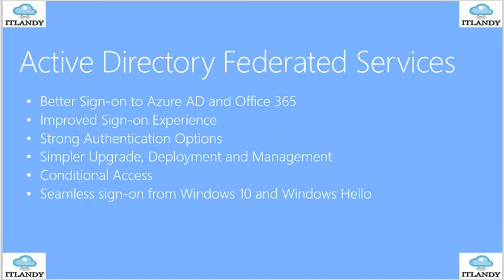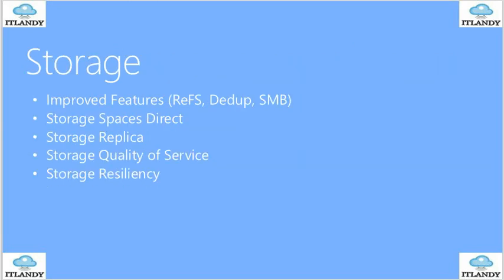Then we have Federation Services around sign-in, authentication, conditional access, seamless sign-in for Windows 10, and then another module for storage around improvements and new features: resilient file protocol, deduplication, SMB, S2D or Storage Spaces Direct, Storage Replica, and then the new storage quality of service, and the last part will be around storage resiliency.